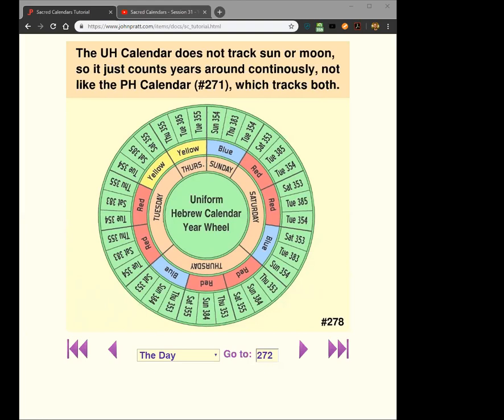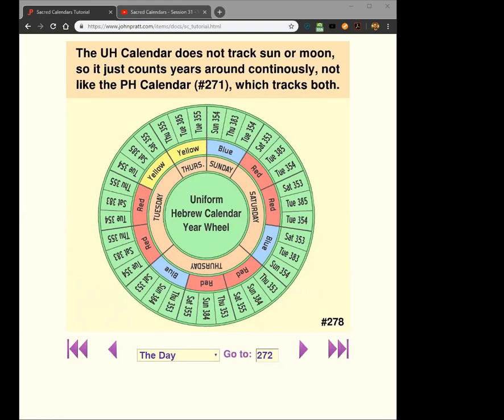I was shocked to find out there is a thing called a Uniform Hebrew calendar, and it has a wheel that looks very similar to a wheel like this you've seen even last week for the regular perpetual Hebrew calendar. It has 33 years in it.